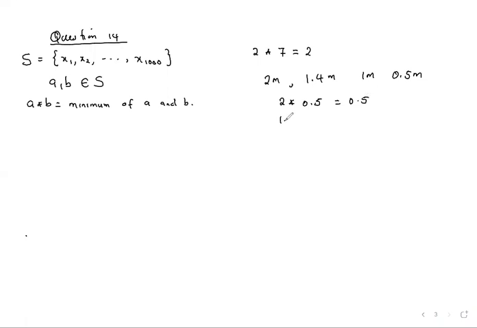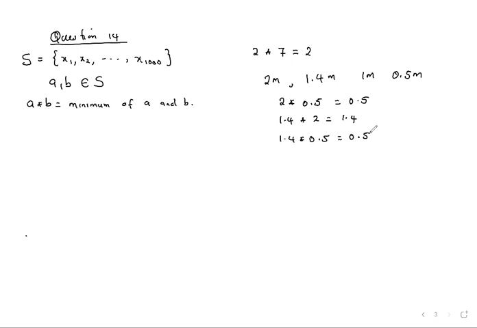If I pick 1.4 star 2, the answer will be 1.4 because that's the smallest. If I pick 1.4 star 0.5, the answer will be 0.5 because that's the smallest. That's what minimum is telling us.